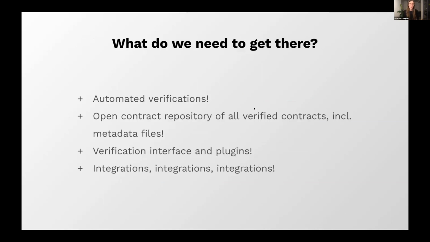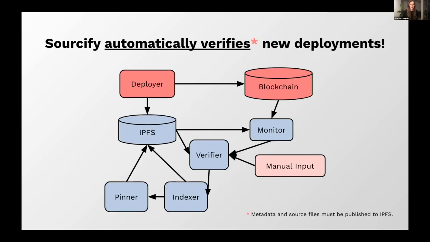So how does it work? The deployer deploys a new contract to the blockchain. And then our monitor listens to all the new blocks that are being created by the blockchain and looks in those new blocks for new deployments. Once the monitor finds new deployments, it checks in the bytecode, the very last bit that I've mentioned before, this hash, the IPFS hash, and then checks at this address on IPFS whether it can find the metadata file.